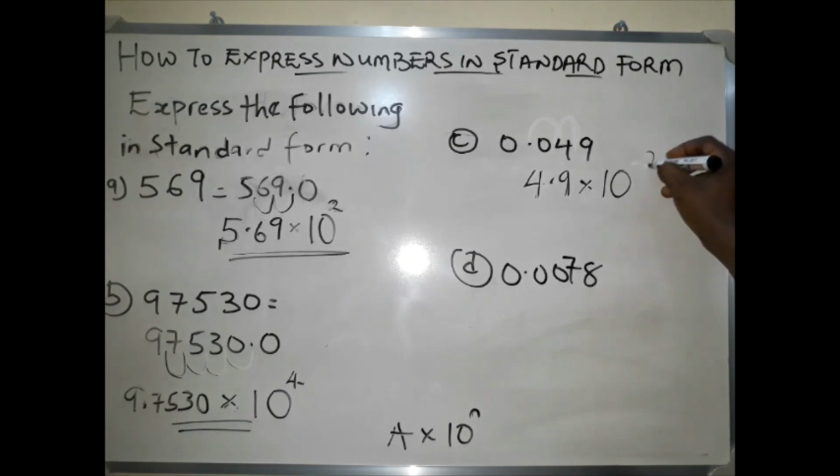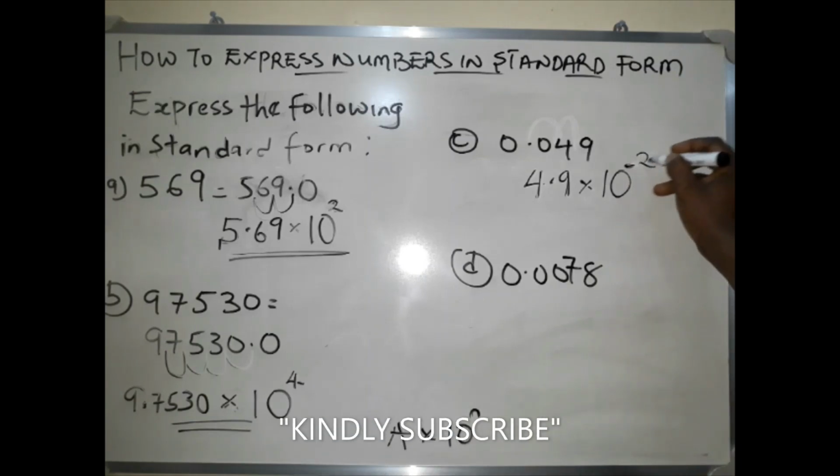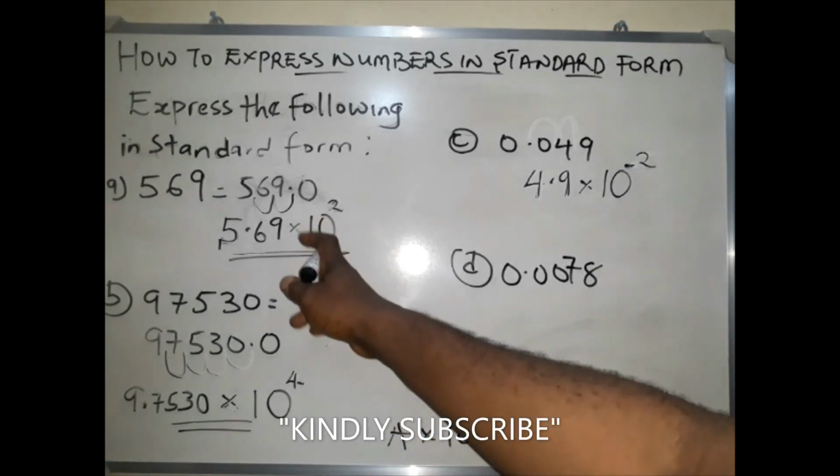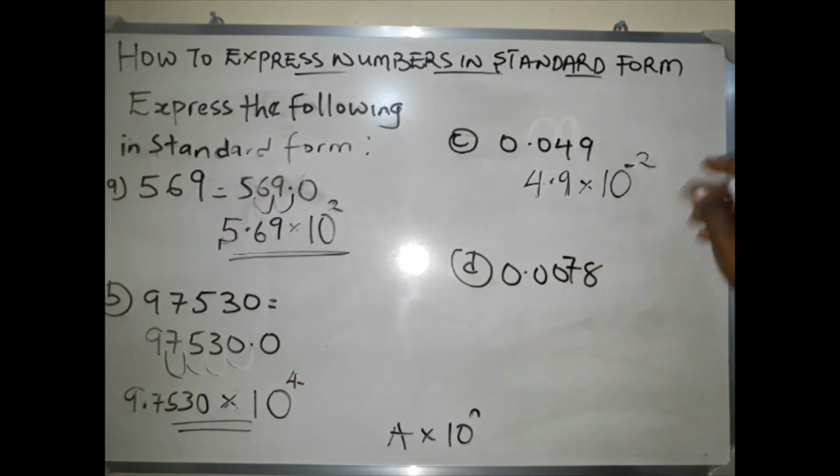But because we moved it to the right, it's going to be negative 2, because we moved it 2 places to the right. In the earlier case, we moved it 2 places to the left, so it is positive 2. But in this case, we moved it 2 places to the right, which means it's going to be negative 2.